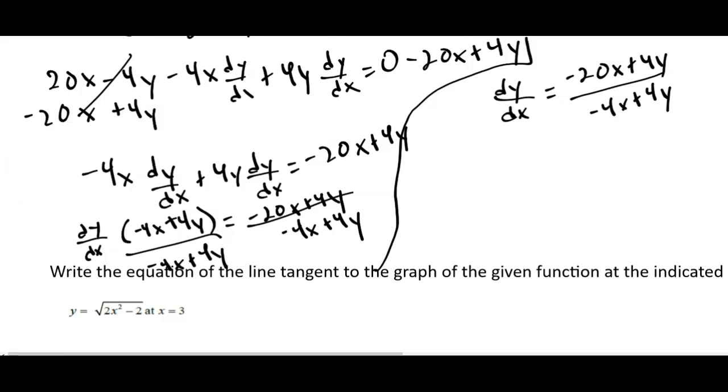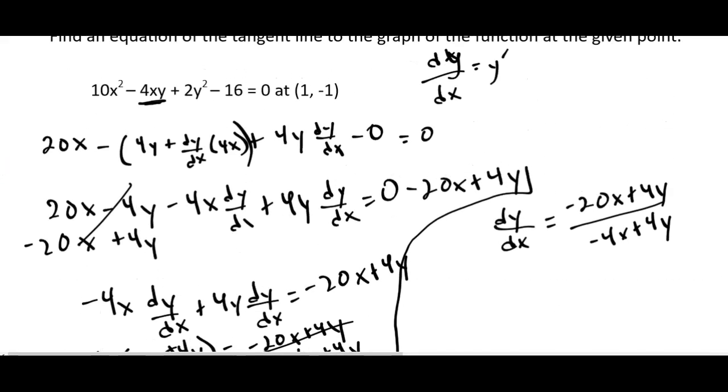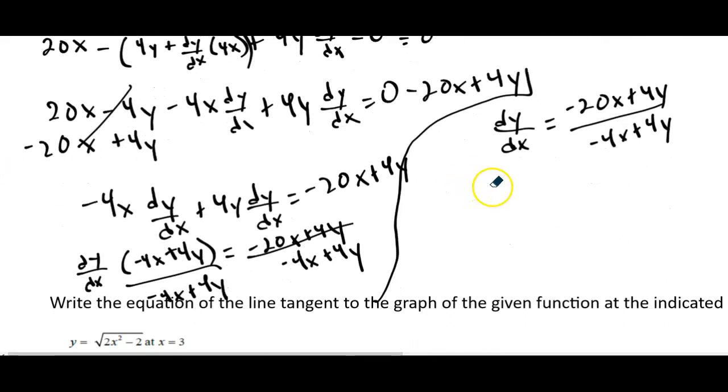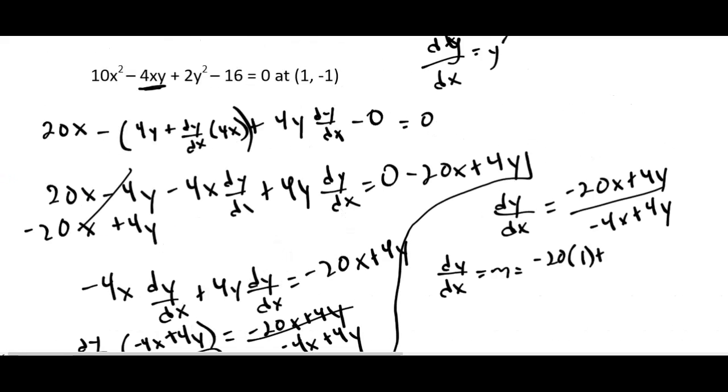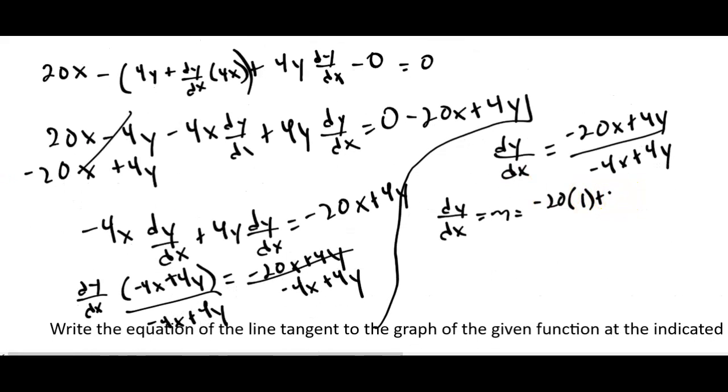And then since we got to find the tangent line, I'm just going to plug in 1. So I got to find m. So dy over dx, in this case for m, equals negative 20 times 1 plus, I need to plug in y, y is negative 1. So 4 times negative 1 all over negative 4 times 1 plus 4 times negative 1.